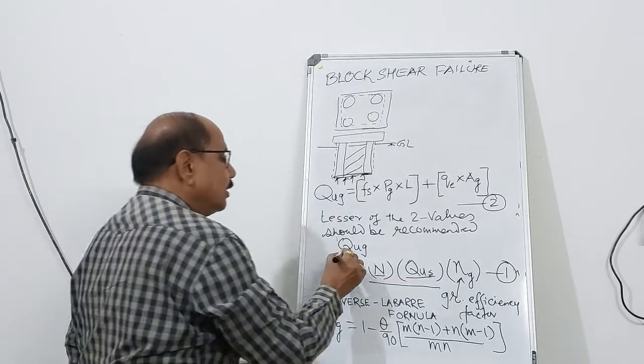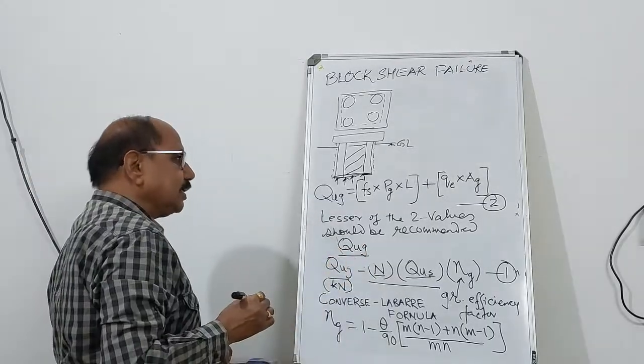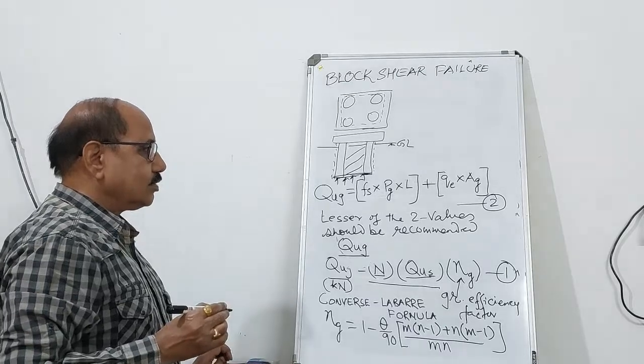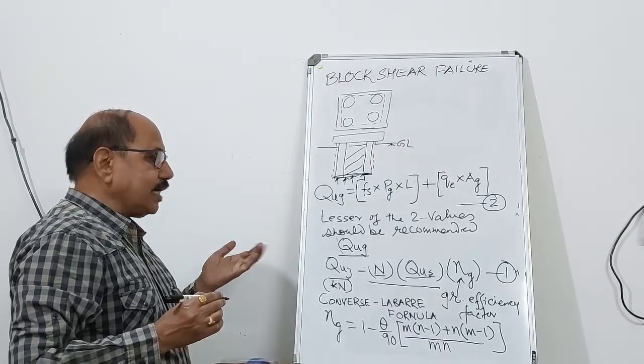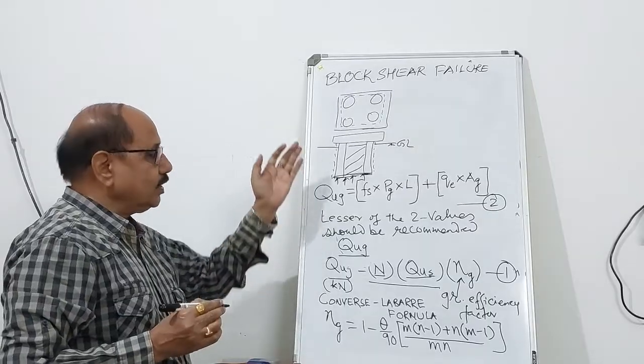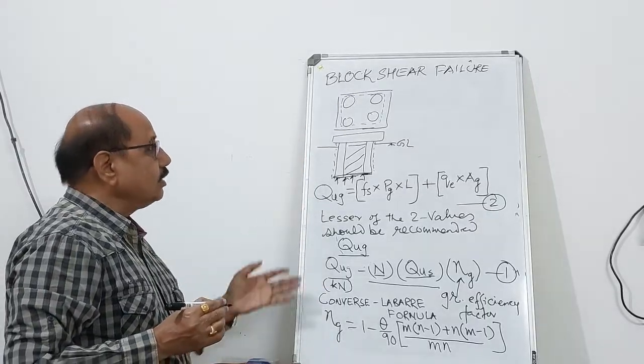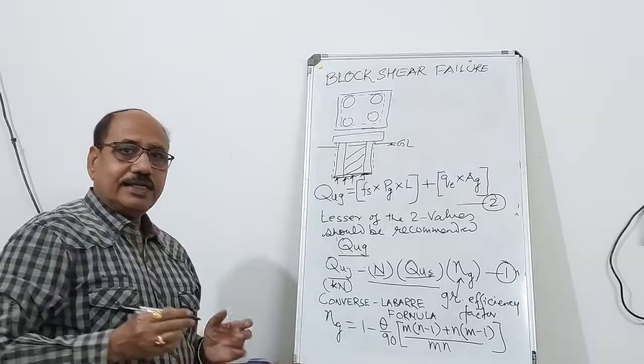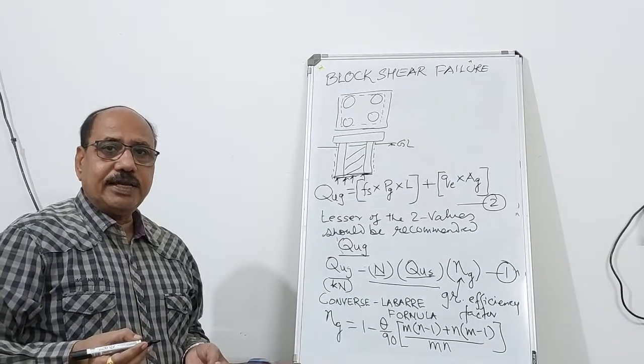So ultimate group capacity of the pile can be found out like this. If you solve one example on this, you will be able to understand the whole concept, the whole analysis and design of pile groups. So in the next slide, we will be dealing with that.